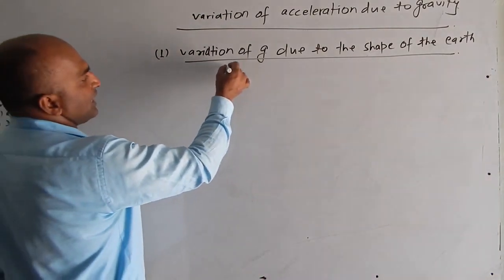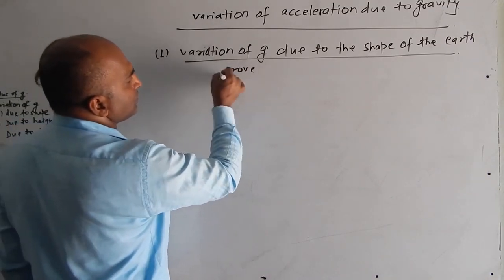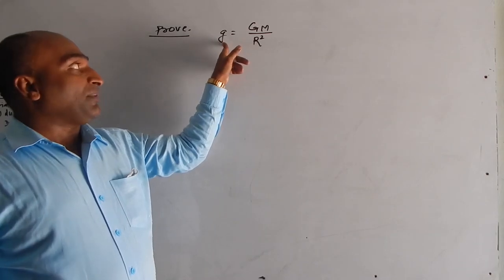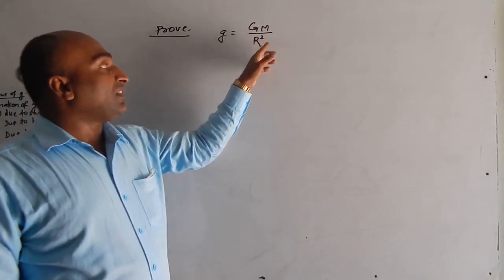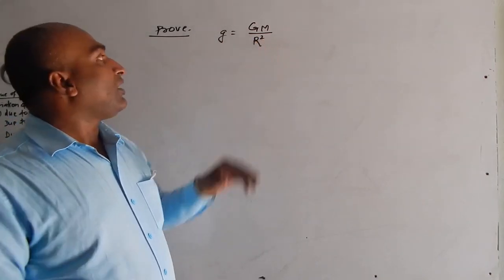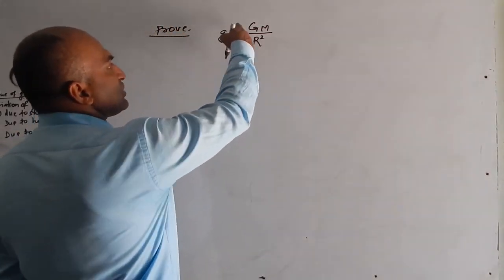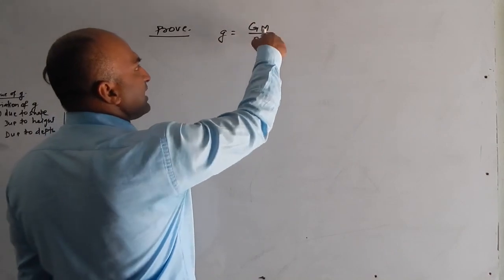Before this, we will prove that acceleration due to gravity depends upon the radius of the earth, and the formula of acceleration due to gravity is small g equal to GM by R square.